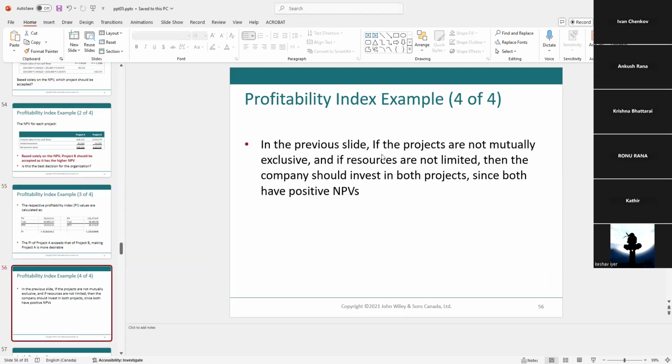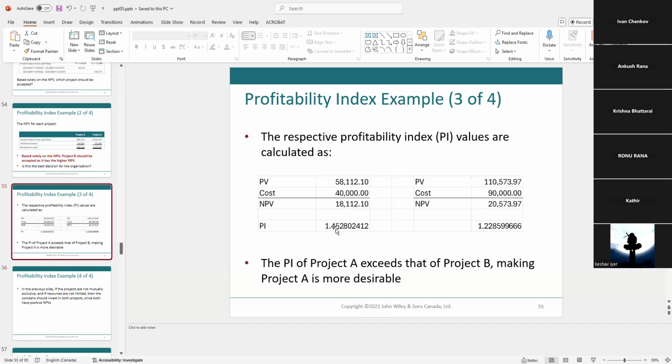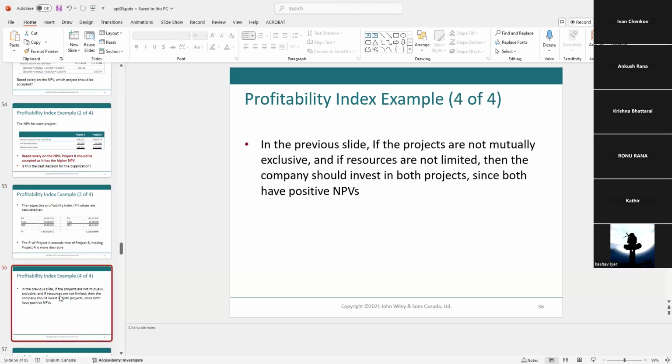In the previous slide, if the projects are not mutually exclusive and resources are not limited, then the company should invest in both projects. If money is not our problem, both projects are going to give us at least a 12% return.